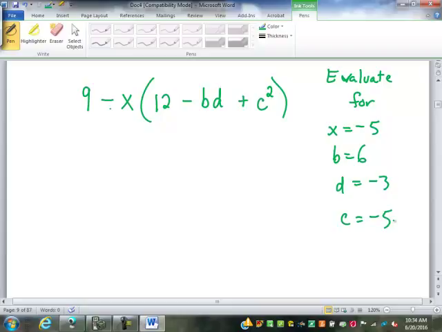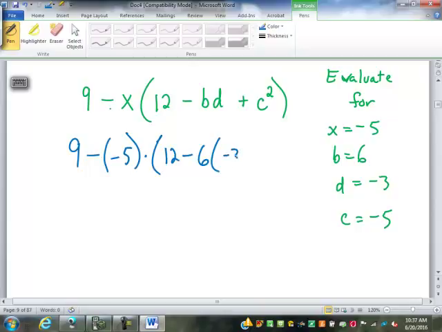Try that one quick. See what you come up with. So let's put the numbers in here. This is 9 minus a negative 5 times, parentheses, 12 minus 6 times a negative 3 plus a negative 5 squared, and close the parentheses.